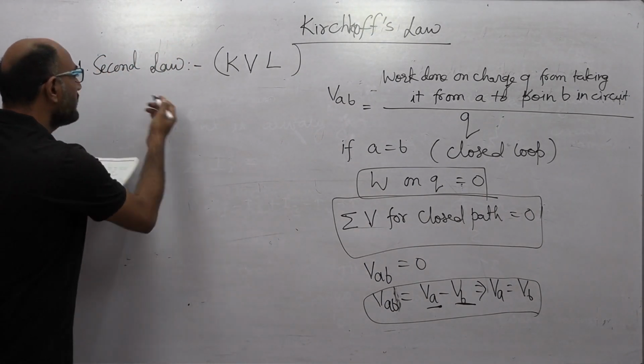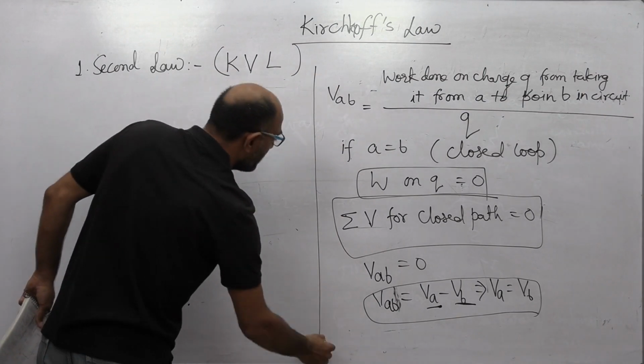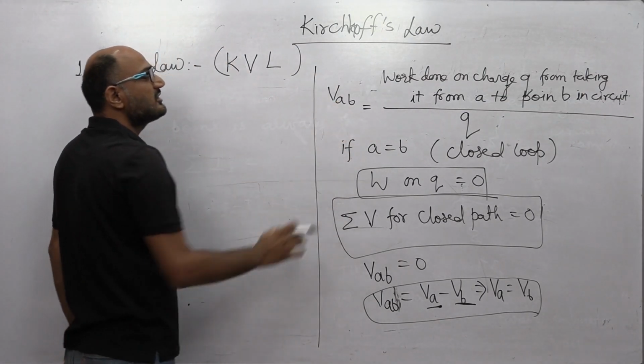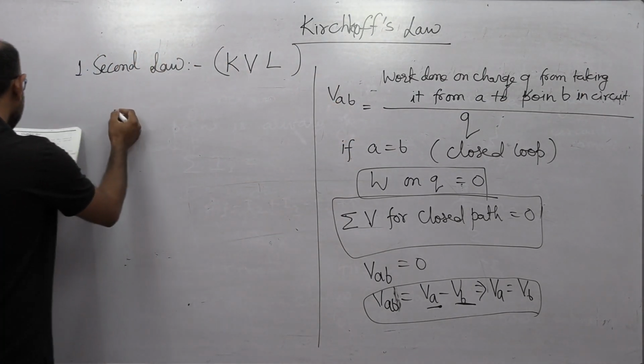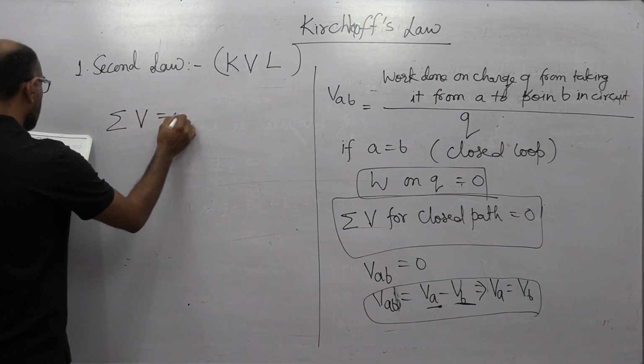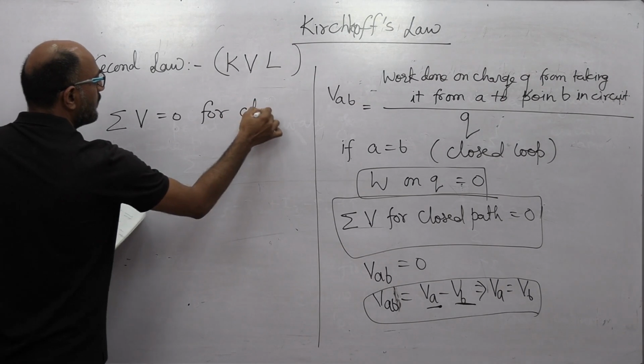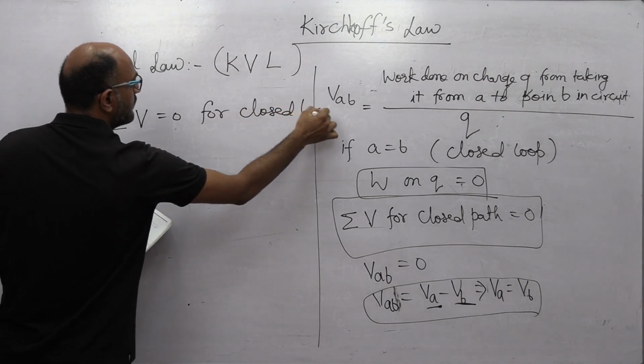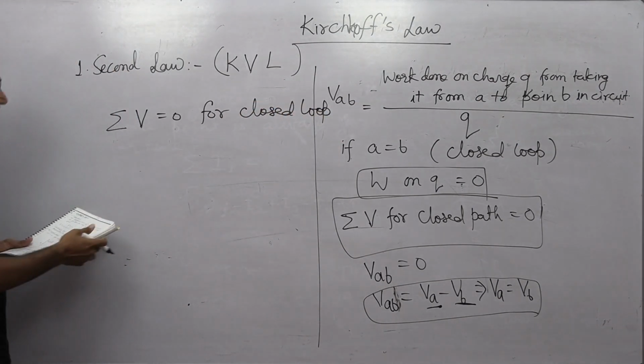Okay. So what is the second law now? This is the basic definition of the meaning of potential difference in the given circuit. Summation of V equal to 0 for closed loop. That is same, right?